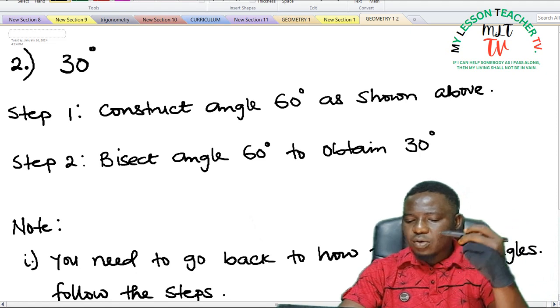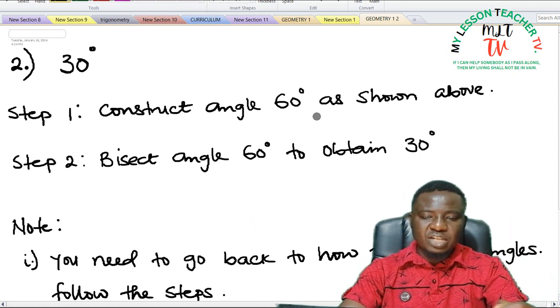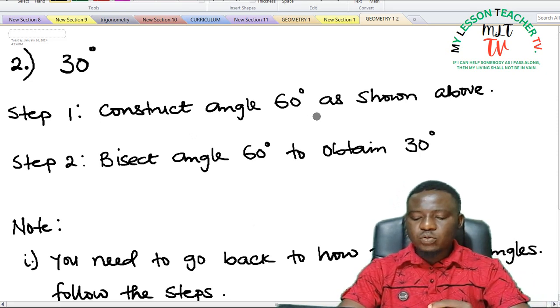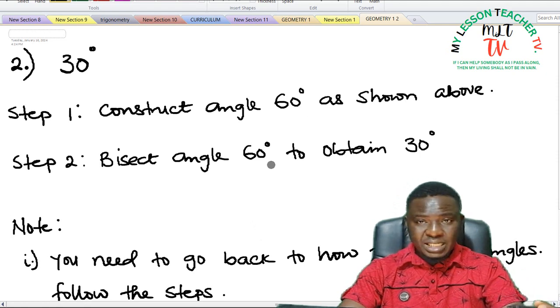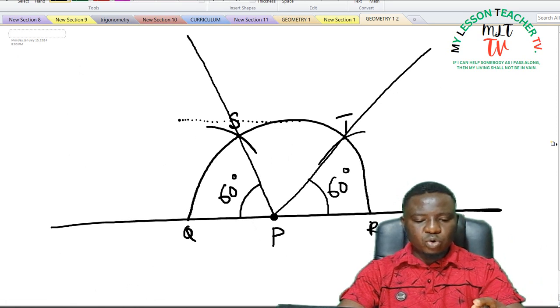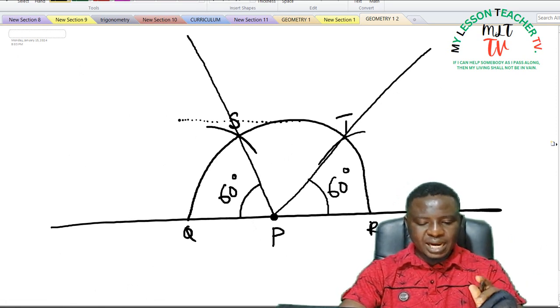So to construct angle 30 degrees, you first of all construct angle 60 degrees as shown above, which I've already constructed. Step 2 is to bisect angle 60 degrees to obtain angle 30 degrees. So let's bisect angle 60 degrees. Now I'm going to consider the angle 60 degrees at my right hand side.